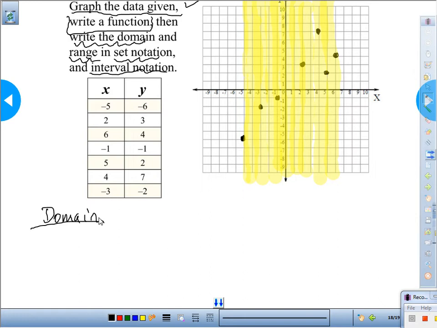But eventually, I'm going to try and have you identify the domain and range without any highlighters, just by focusing and imagining that you're highlighting. Does that make sense? So here we go. By looking at the highlighted section, starting from this point, which is the first one, and the last point over here, tell your neighbor between what two X values the domain will be of the whole data.